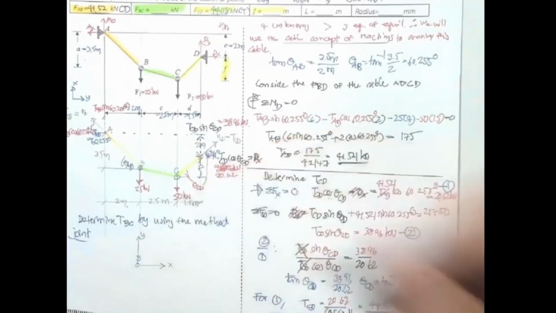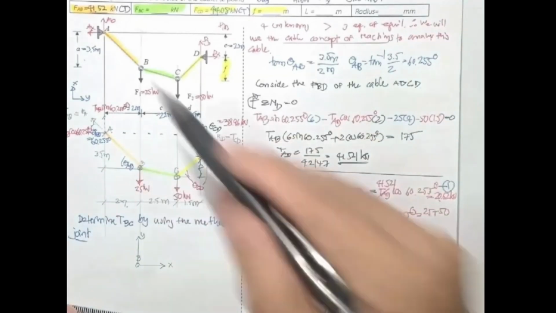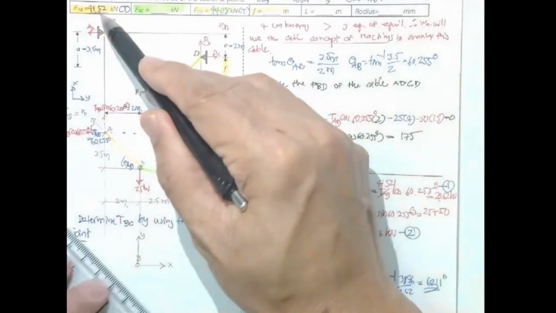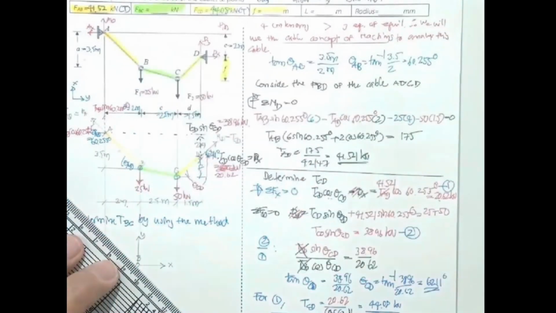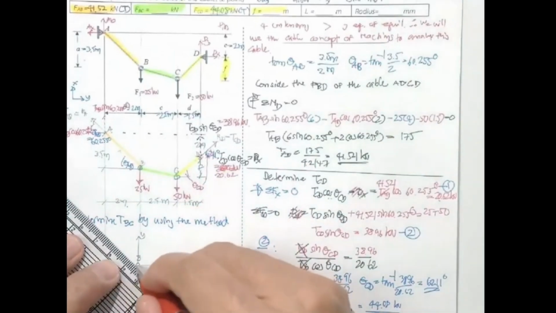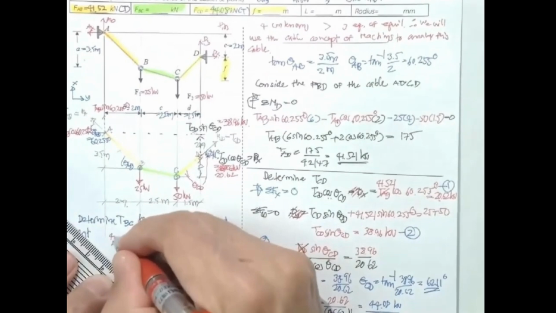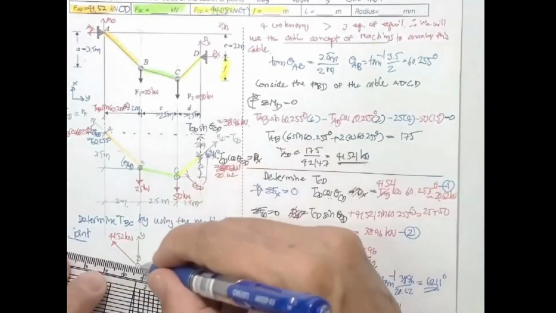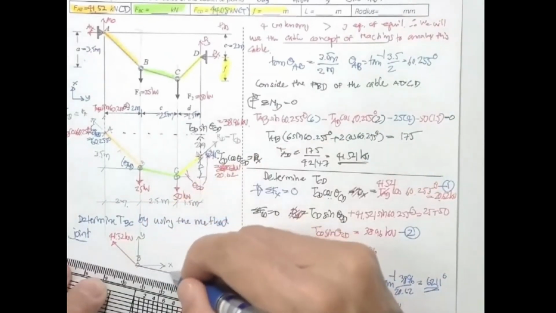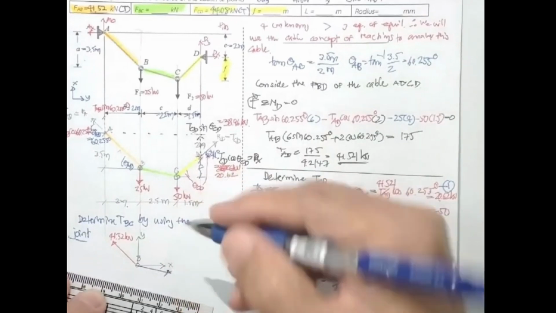We have the tension T sub AB, 41.52 kilonewton, so put it in this direction. And then there is the force in BC, so this is going to be T sub BC.